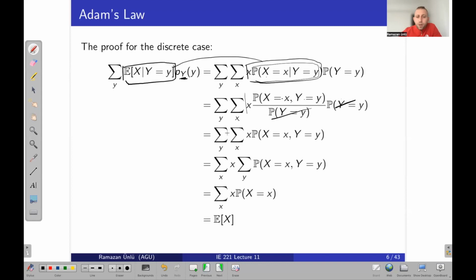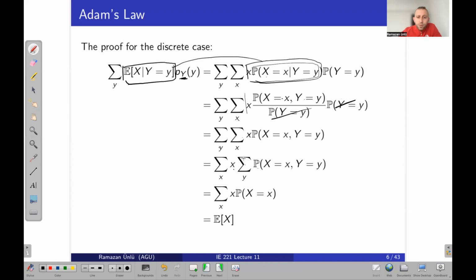If I move the first summation to the inside, the index will be y, and x does not depend on y, so it can go outside the inner summation. So I can rewrite this part as the summation over x of x times the summation over y of the probability of X equal to x and Y equal to y, right?